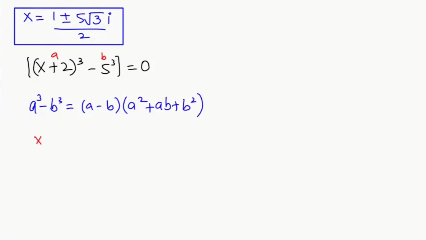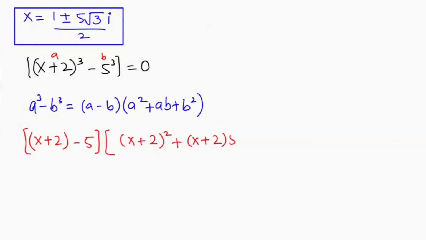X plus 2, and the negative sign I'm going to write, and this is our b value. And here I'm going to put the square on the a value, plus a we have x plus 2 and b we have 5, positive, and 5 square, bracket close is equal to 0.